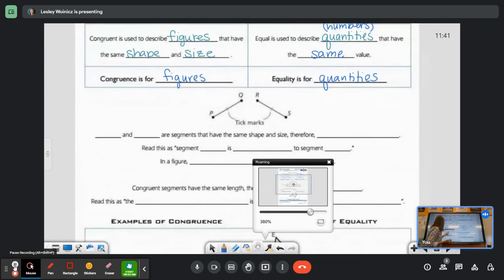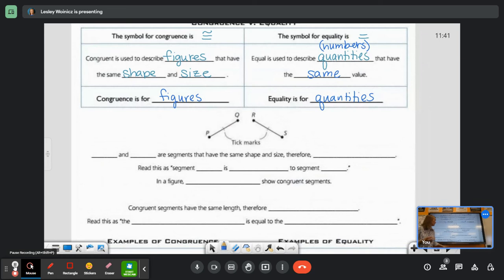Look at these little segments here. They have these little tick marks on them. These little ticks show that they are congruent segments.